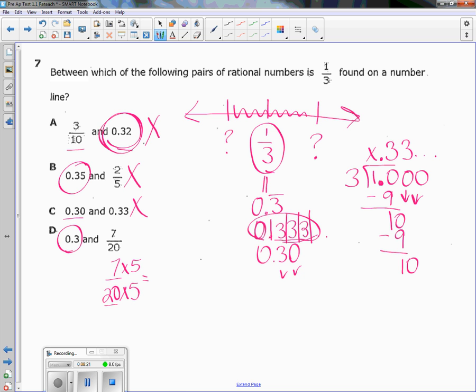I realize that 20 can go into 100, and 7 times 5 is 35. So I have 35 hundredths. Now if I bring it over here to compare, I have 0.35. The tenths place are the same. In the hundredths place, 5 is larger than 3, therefore this checks out. 1/3 is located between these, so the correct answer is answer choice D.